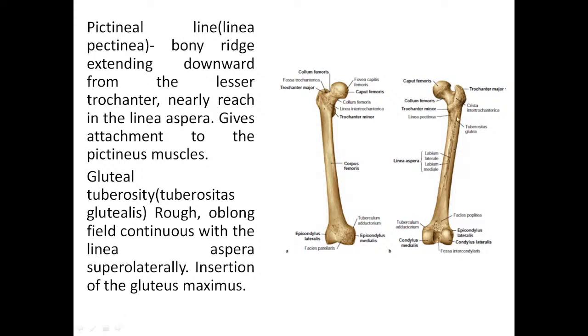Insertion of gluteus maximus. This is linea pectinea, origin of pectineus muscle, and tuberositas glutealis.